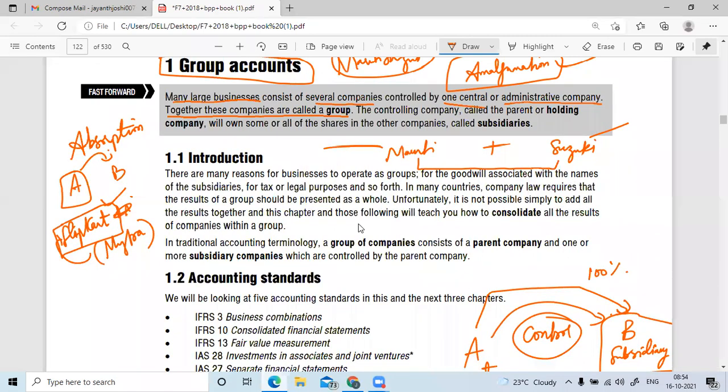Now, what is that control and in what ways control is defined in this chapter, we are going to see in the coming slides or pages. The controlling company is called the parent or holding company, because they have holding in another company, and owns some or all of the shares in other companies called subsidiaries.